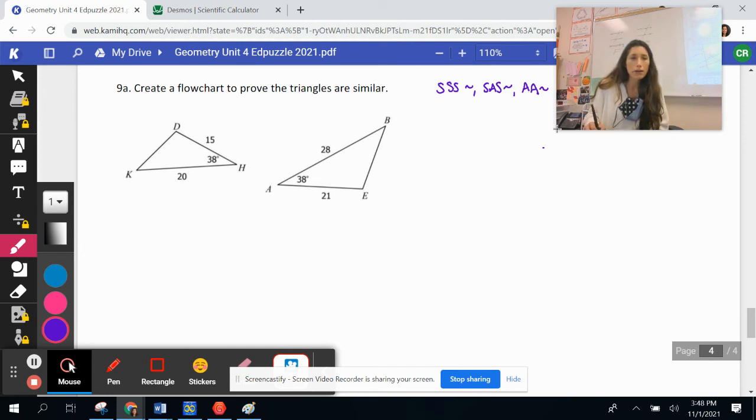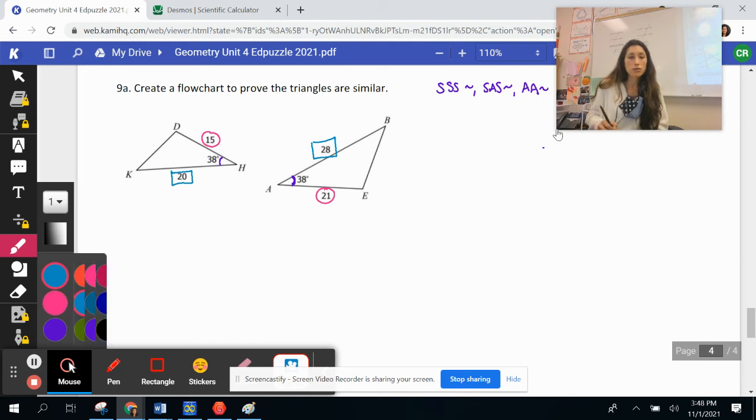We've got a 38-degree angle in both of these triangles. All right, that's given information. Our two smallest sides would be the 15 is the smaller side, 21 is the smaller side. And then I would want to compare my two biggest sides, the 20 and the 28. Okay, so we're going to go ahead and compare these, divide them.